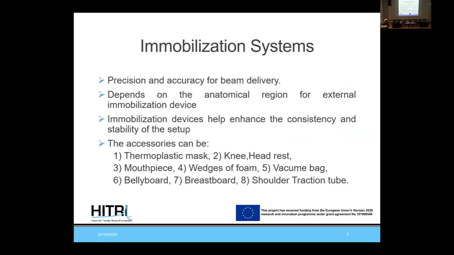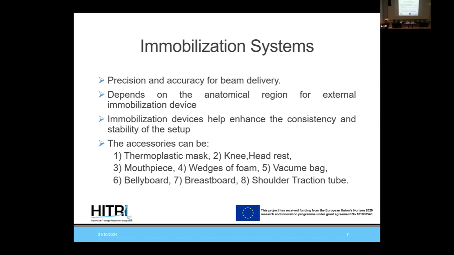While we are doing this, we're trying to achieve reproducibility of the plan, the positioning. So we are going to use some immobilization systems. It gives the precision and accuracy that we want to have, to be honest.